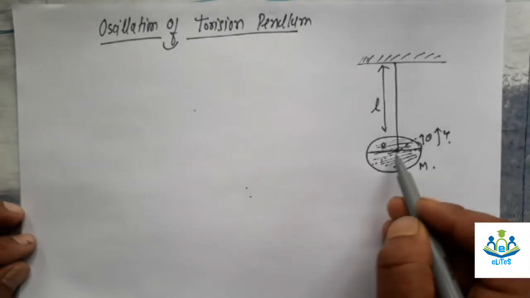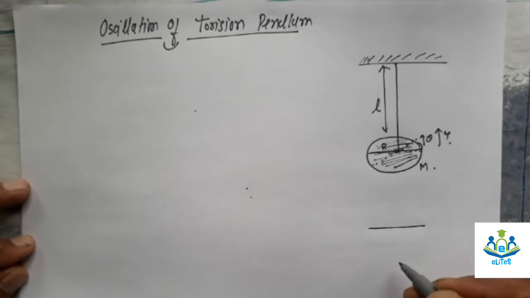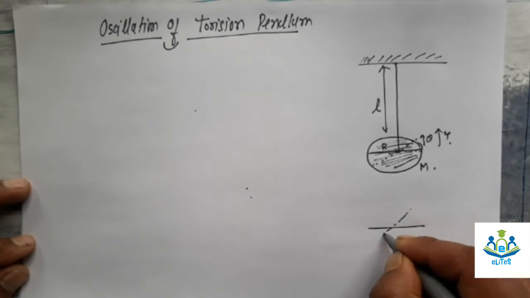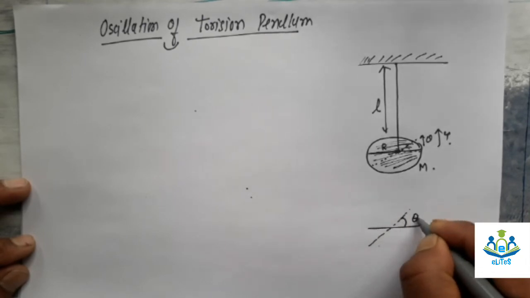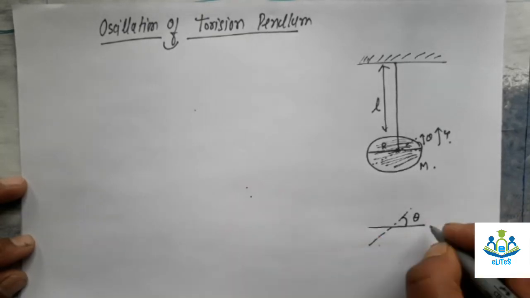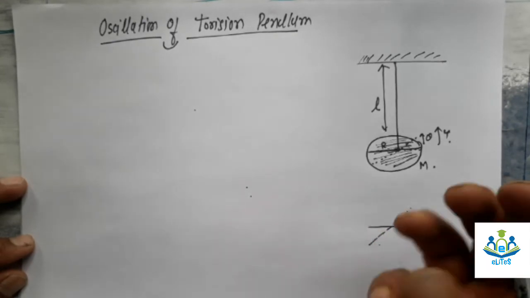Take this line as a reference. Suppose this is the line, it is in equilibrium state, and now I disturb it from equilibrium through angle theta by applying some external torque. When I release, it comes back to this line. So I'm disturbing it by applying torque.